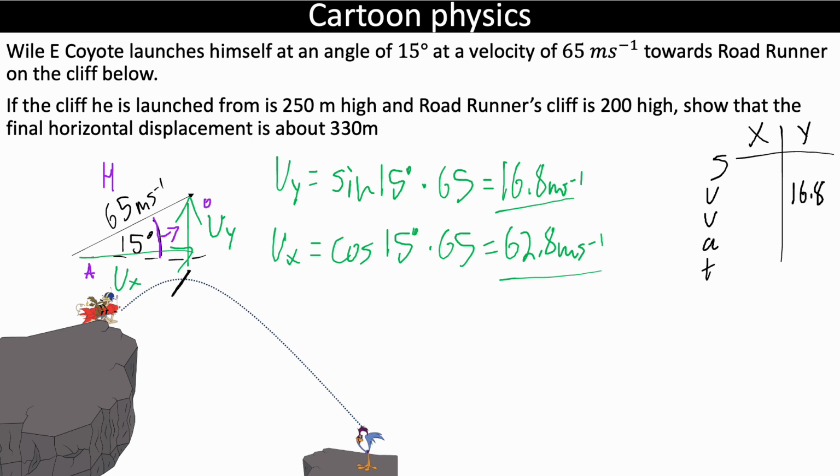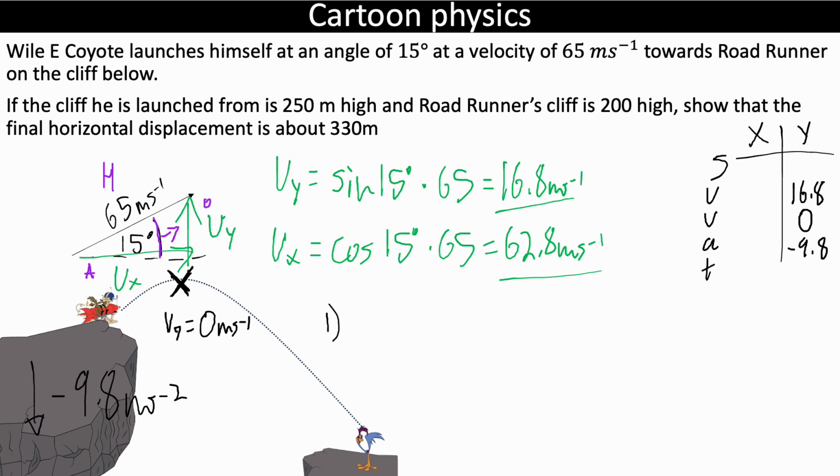At the top of his arc, the top of the parabola, his final velocity is 0, because going up is a positive value, but on the way back down it is negative. Acceleration due to gravity is minus 9.81 meters per second squared, acting down.